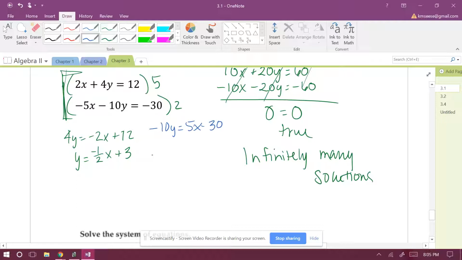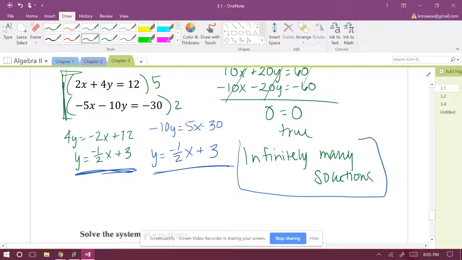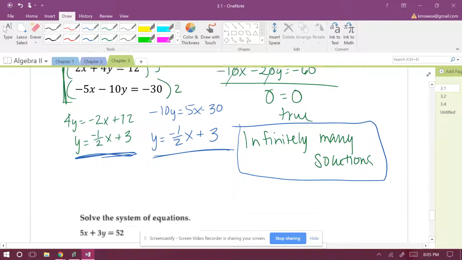Dividing by negative 10, I get y equals negative 1/2 x plus 3. You see, I actually have that exact same equation, so I would be graphing the same line. I would have infinitely many solutions. All right, so that's the case where you're going to have infinitely many solutions.